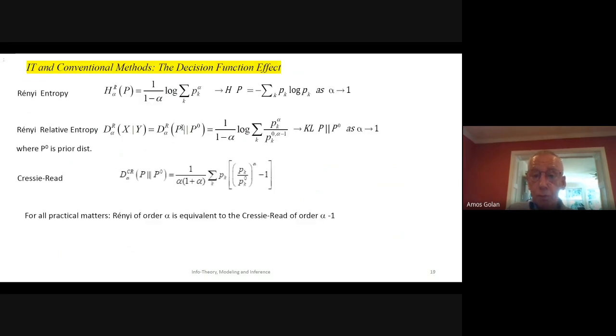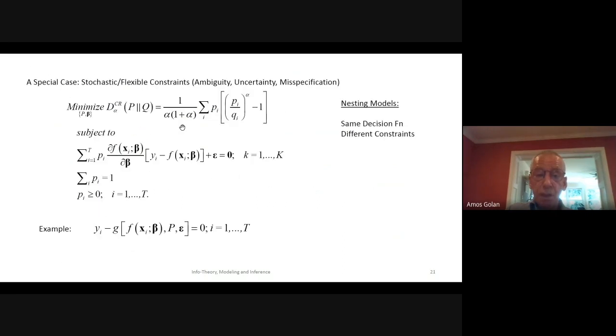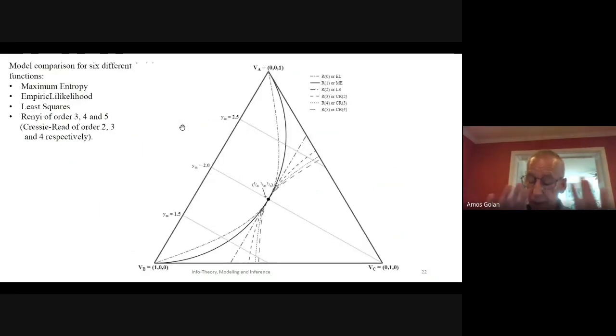I'm going to skip this, but I'm going to use the picture. This is what is called the generalized entropy function, and the generalized entropy function includes, and there are a number of those, the Renyi, the Tsallis, the Cressie-Read, and many others. But what it means is that it includes the Shannon entropy as a special case.